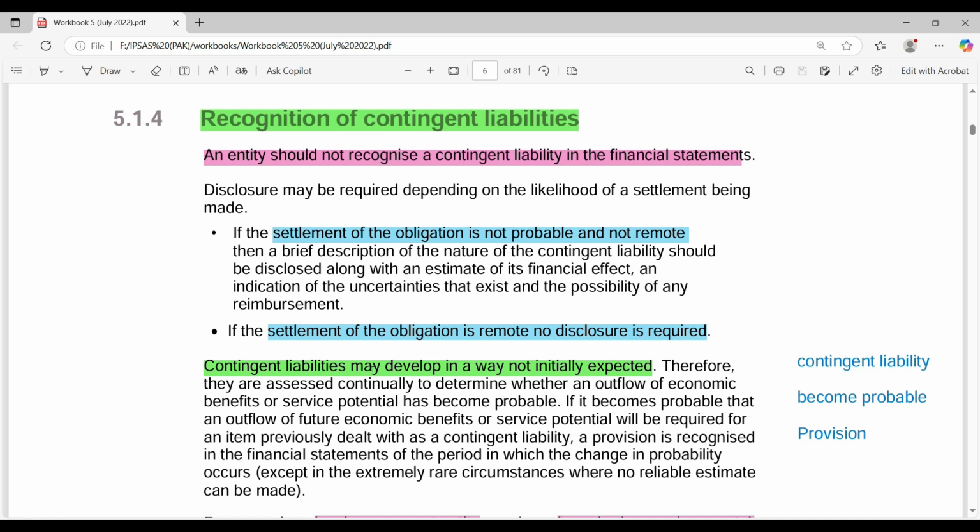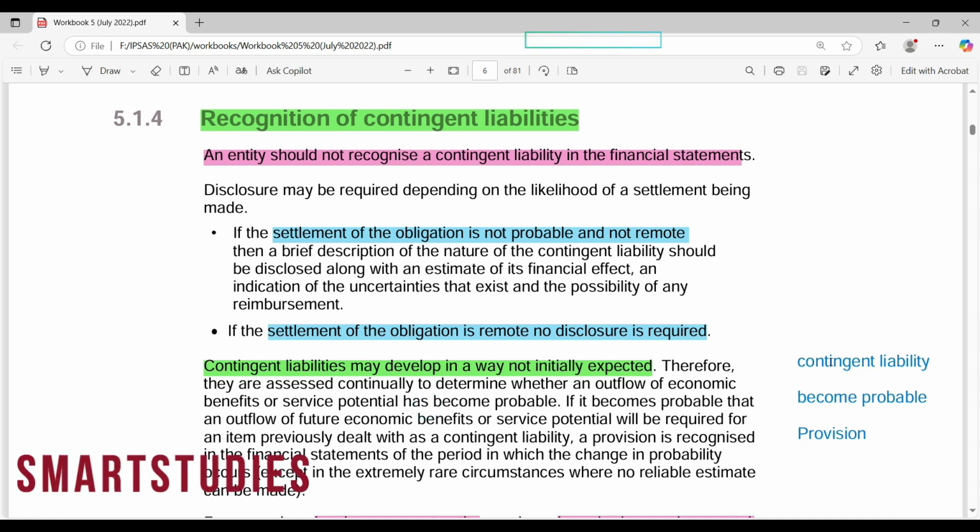Contingent liabilities may develop in a way not initially expected. For example, there is only a 2% chance. You do not need to disclose it even. But this 2% increases to 15%. It means that it has now become a contingent liability.